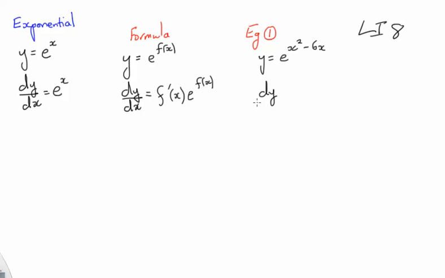Well, the derivative of that equals, well, you take the derivative of this, which is 2x minus 6, and you pop it out the front, and then you just write the rest. And that's your answer. So take the derivative of the exponent part, chuck it out the front, and that's your answer. That's how you find the derivative there.